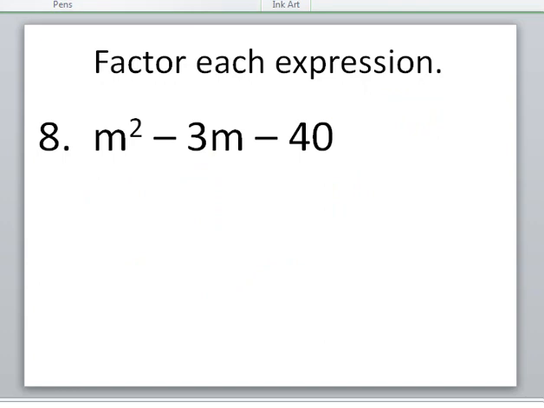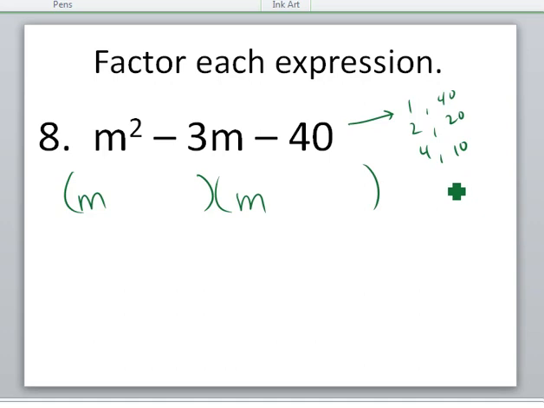Try more of these. You really should try to pause this at times and fill these in yourself to see if you can come up with the answer. I'm just writing down the factors of 40 right now. And now I'm going to look for the factors that will give me 3.